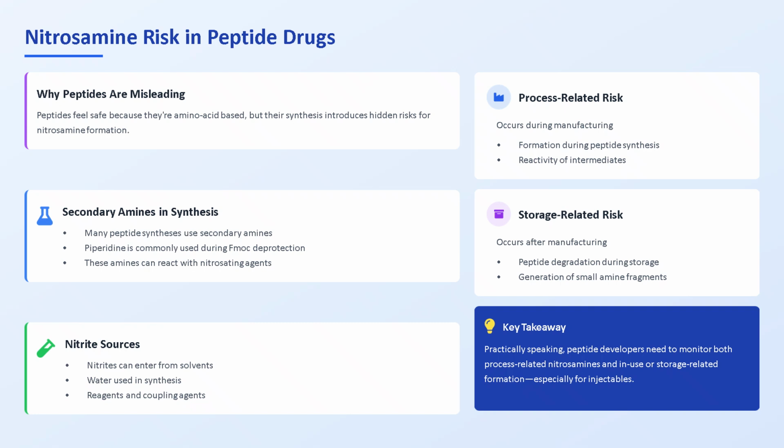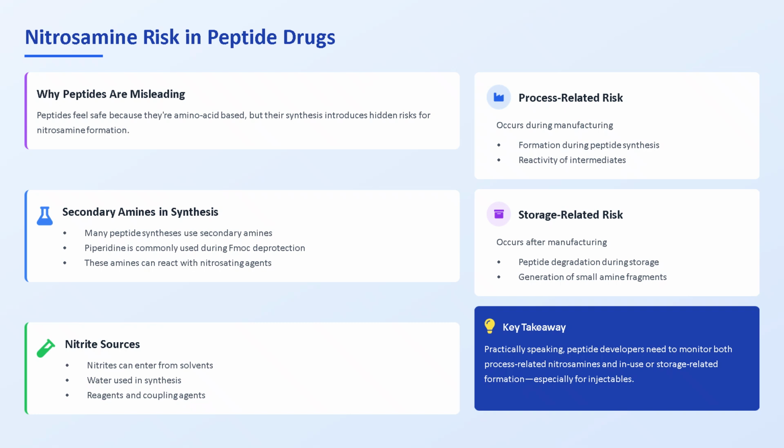Peptides are especially misleading. They feel safe because they're amino acid based, but the chemistry used to make them tells a different story. Many peptide syntheses rely on secondary amines, especially piperidine during FMOC deprotection. If nitrites are present from solvents, water, or reagents, nitrosamine formation becomes chemically possible.